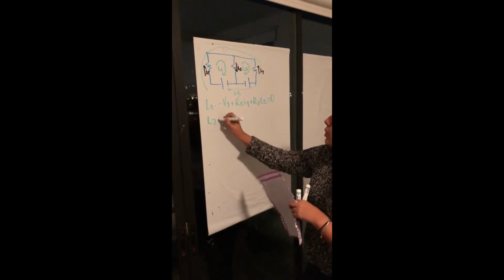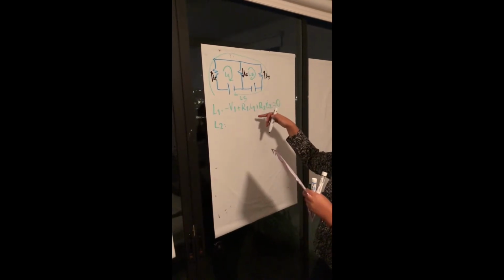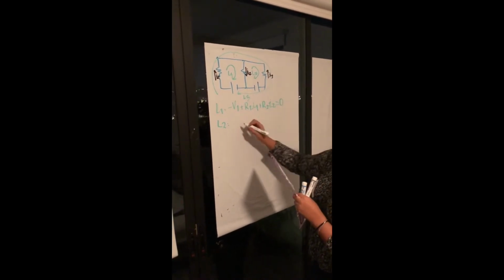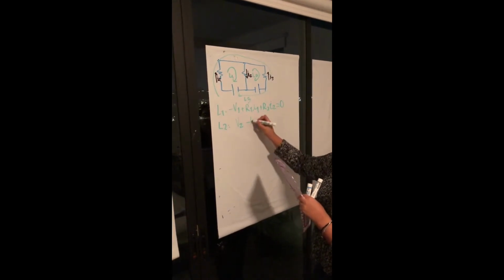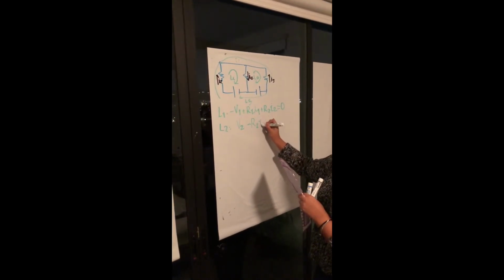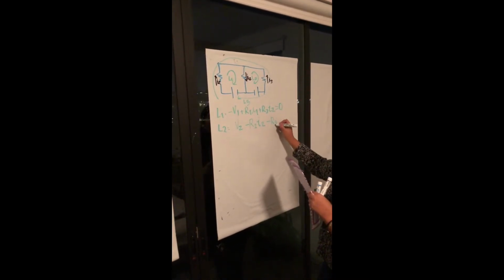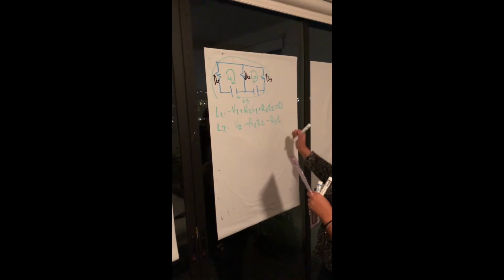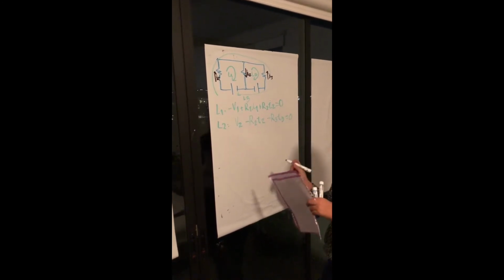For loop number 2, I am also entering the positive sign of the voltage, so it would be B2 minus, since it's going in opposite ways, minus R3 I3, equal to 0.